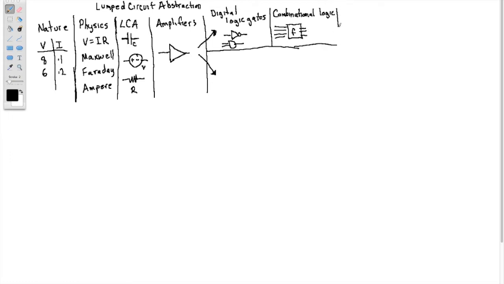If you took a digital course, you know that that's not the whole story. You can use combinational logic to build a sequential logic or a clocked circuit, and start to introduce memory into your circuits. So here's our clock input, and you can synchronize a digital system and so forth.